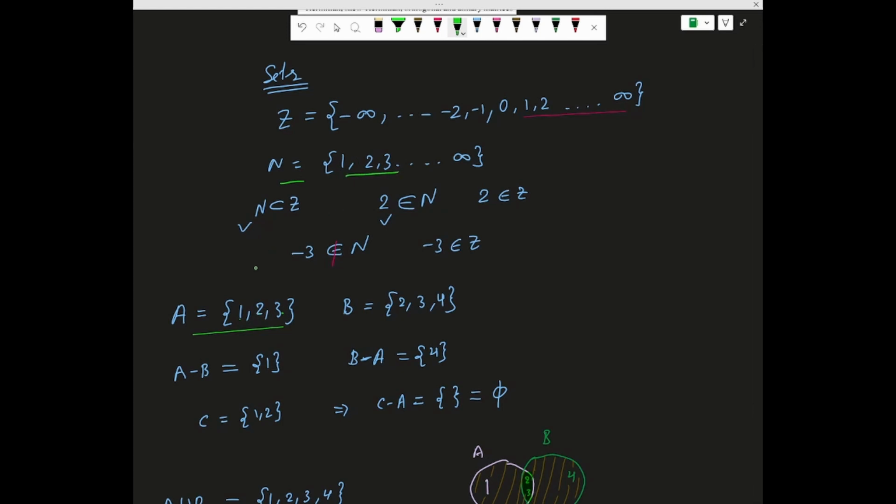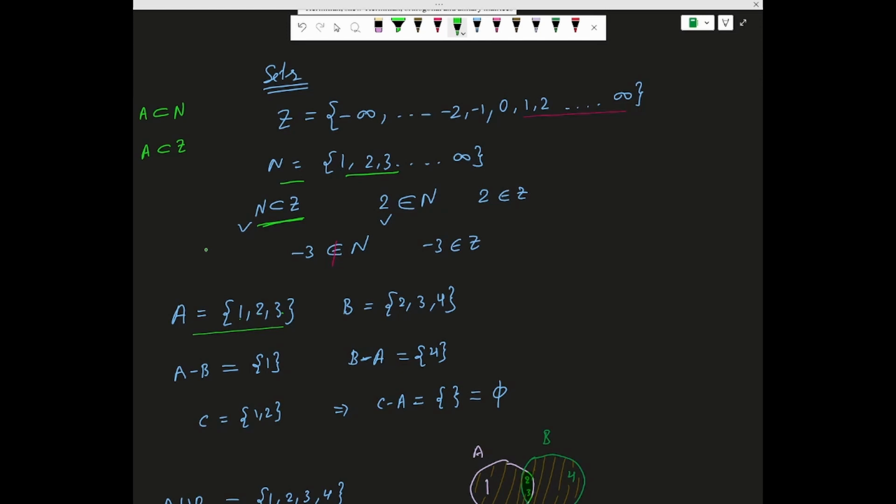So we can say A is a subset of N, and we have already seen that N is a subset of Z. Then A is going to be a subset of Z. Now quickly tell me what this property is called. This is called the transitive property.